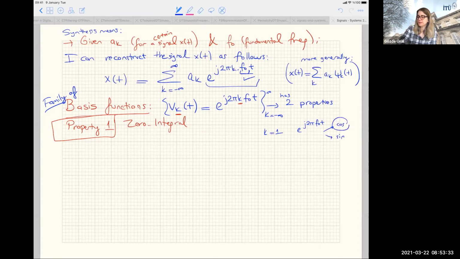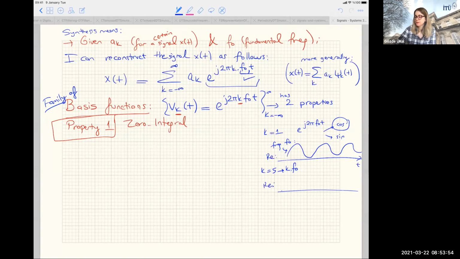Let's look at its real part. Hypothetically, for k equals 5, it will be oscillating with frequency k f0. This is the real part, and it would be 5 times faster oscillating. So this is another cosine in the real component. And k equals 10, of course, is increasing frequencies, much higher frequency.